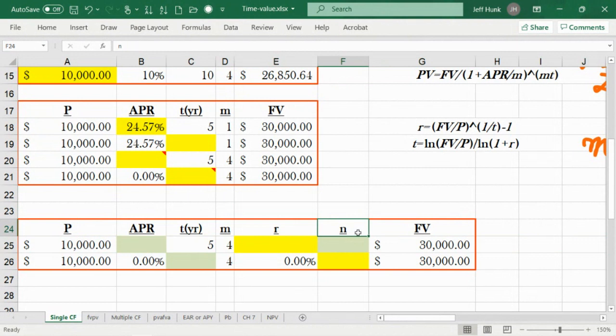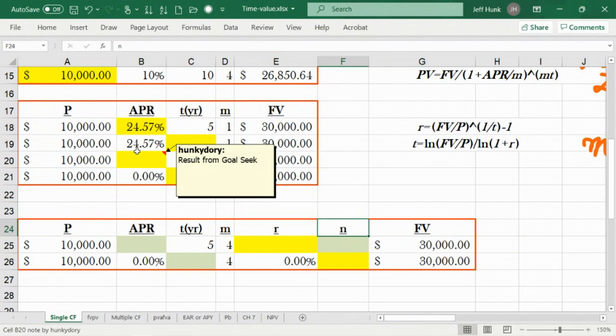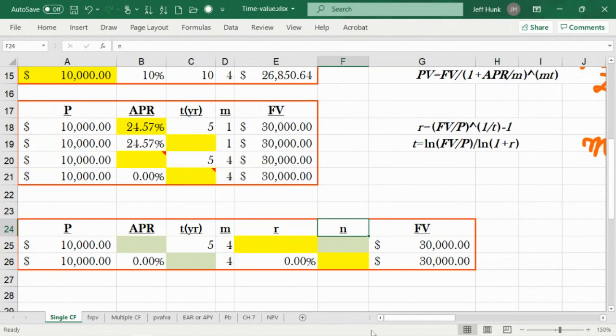So in other words, we want to find the periodic rate first, because the formula is for periodic rate actually. And if the compounding frequency is 1 annual, then annual rate is the periodic rate, right? Annual rate is the periodic rate.